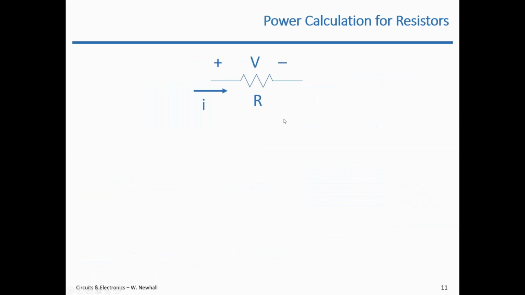Let's talk about power calculation for resistors. So if I have Ohm's law applying to this resistor, and then I have P equals IV. P equals IV applies to everything. It applies to every component. If you have a 2-terminal component, P equals IV works for everything. If you have a resistor, you can modify this a bit. You could say, well, I know V equals IR, so I can plug that V into this V, and I get power equals I squared R. So you can calculate power from just current when you know the resistance.